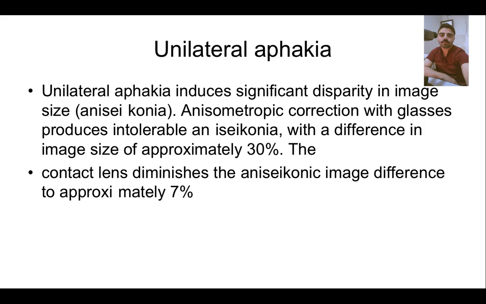If a patient is having unilateral aphakia, he will experience aniseikonia if you prescribe regular glasses. So if you want to correct the aniseikonia of the patient, and you want to provide a better visual experience to your patient, and if the patient is a child and you want to prevent that child from developing amblyopia in an eye where there is aphakia, the better option will be a contact lens, and that contact lens could be in any form.